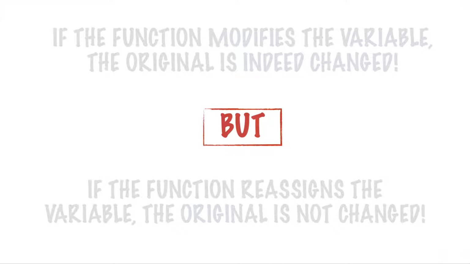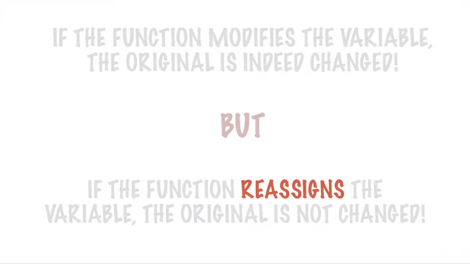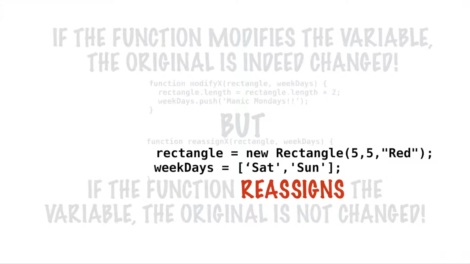Now let's look at the but. But if within the function we reassign the variable rather than modifying the original object or array, it's not reflected in the original. So what does reassignment mean? Take a look at the highlighted code on screen.